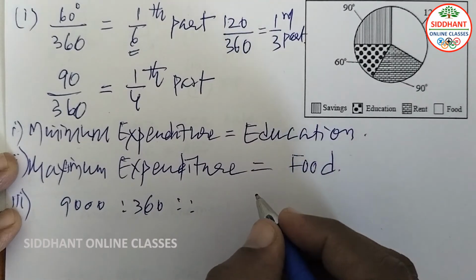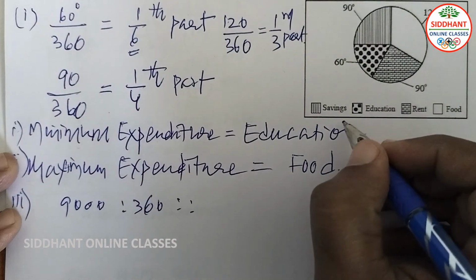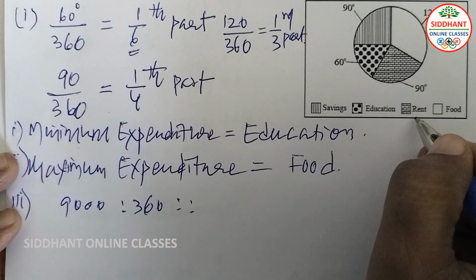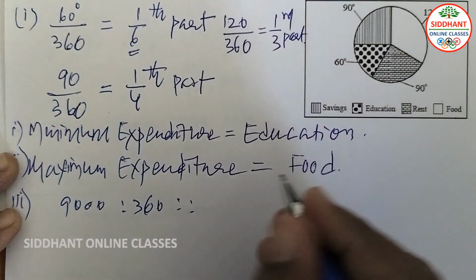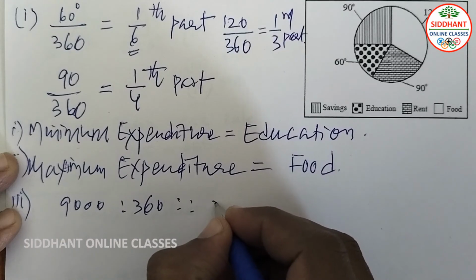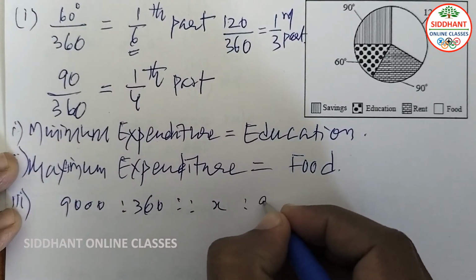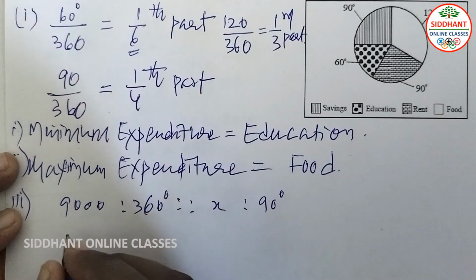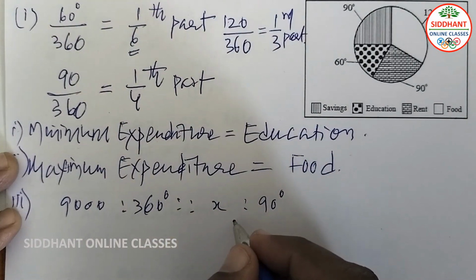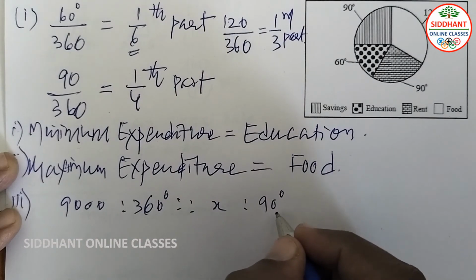Rent in the chart is this, which is 90 degrees. So let the expenditure be x, which is equal to 90 degrees. So 9,000 is equal to 360 degrees and x amount is equal to 90 degrees.